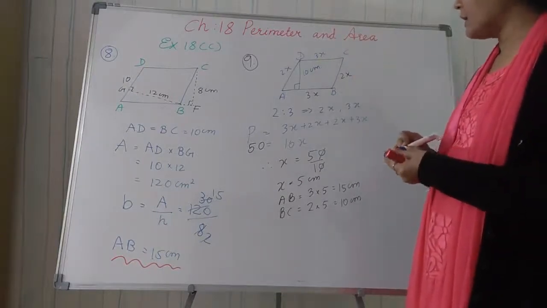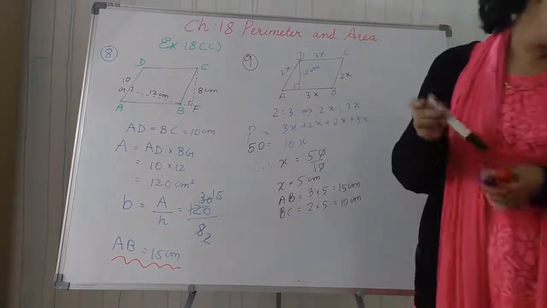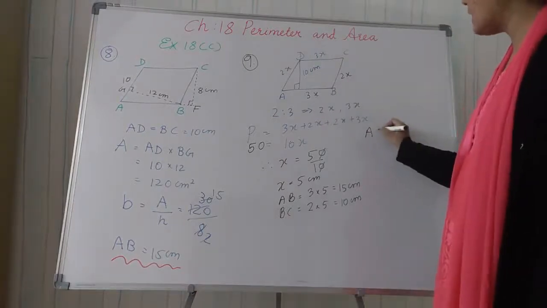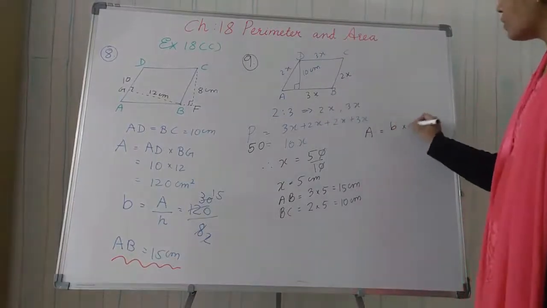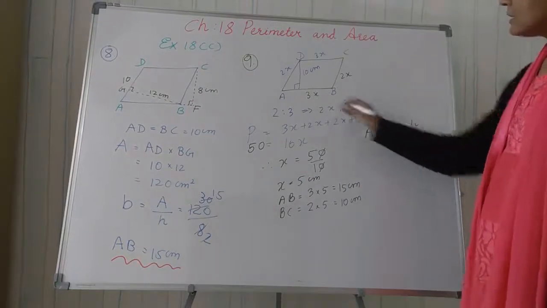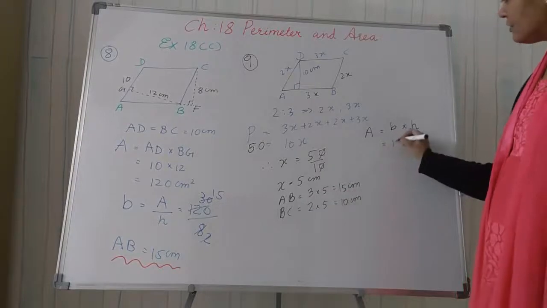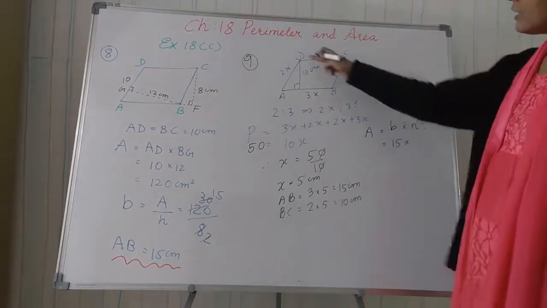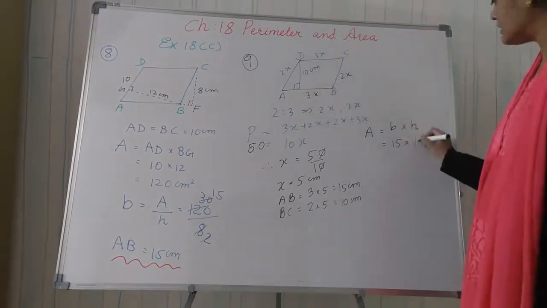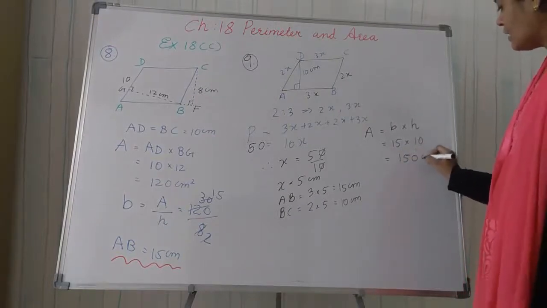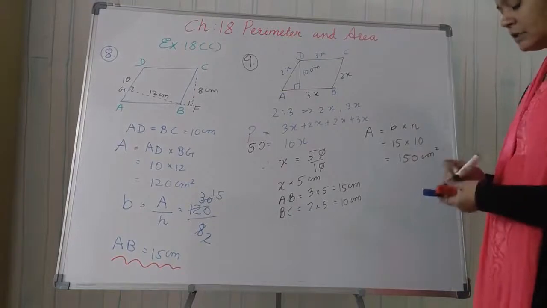So we can find the area here. I am writing here area is equal to base into height. So which is the base here? This is the base AB, and AB's value is 15 and the height which is given to us is 10 centimeters. So the area we found as 150 centimeters square.